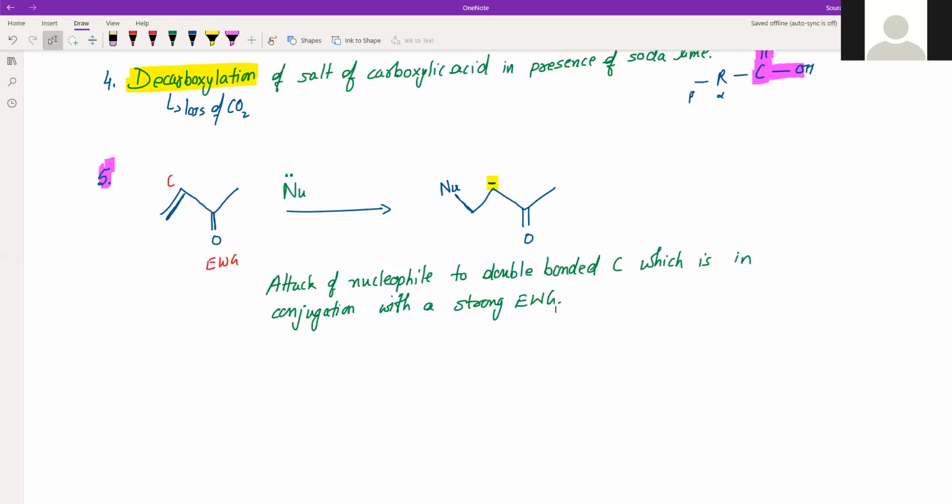In carbanion, plus I effect will decrease stability. Same thing for resonance. Minus M effect will here now increase the stability. Right? And same thing for inductive effect. Plus I effect of alkyl group destabilizes the carbanion. Minus I effect of any group stabilizes the carbanion.